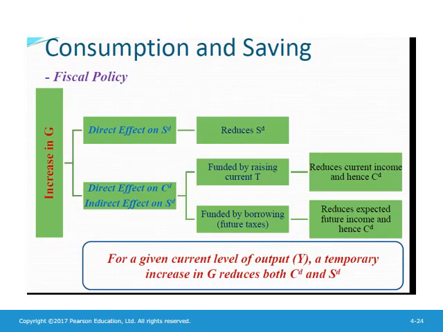Okay. So increase in G, again summarizing what we said, has a direct effect on S, as we saw from the identity, and has an effect also on the savings through the change in consumption, either by changing the taxes or not changing the current taxes, but future. People will expect the future taxes will change.